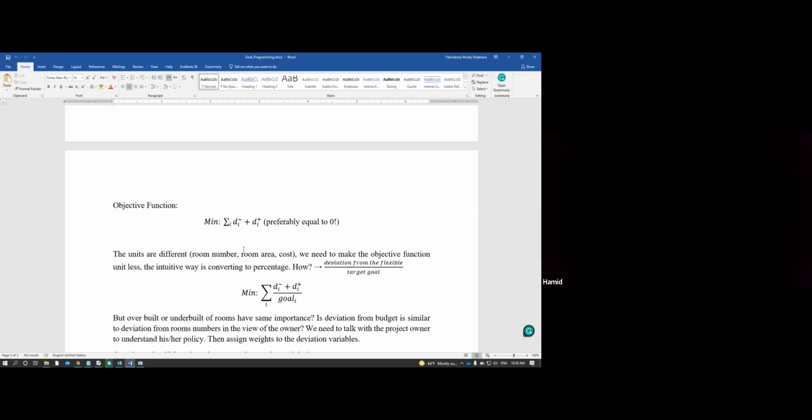So we are trying to minimize the variation from our initial goal. Ideally, this objective function should be 0. If we end up having 0, it just means you haven't deviated from your initial goal. All of the overbuilts and underbuilts are 0.